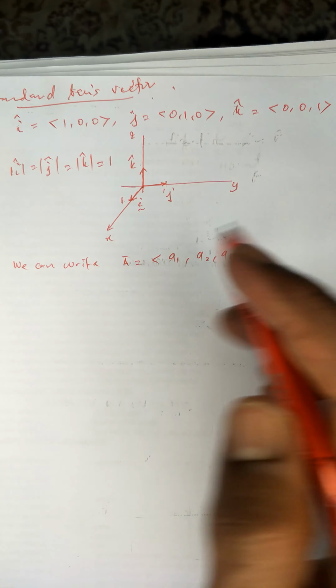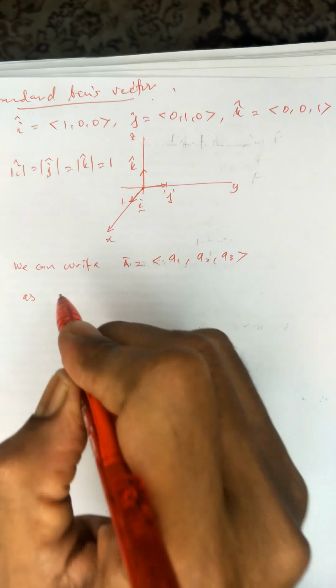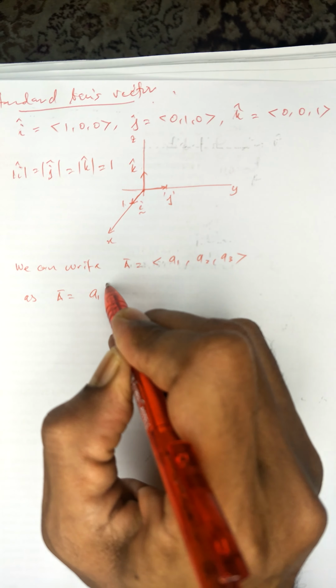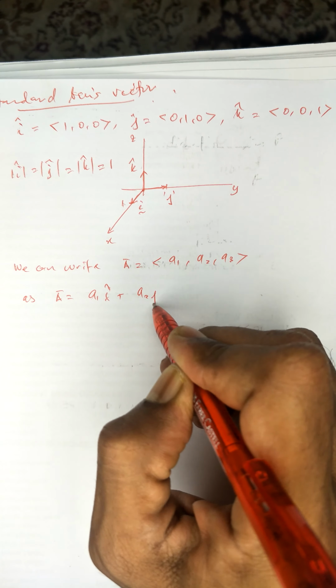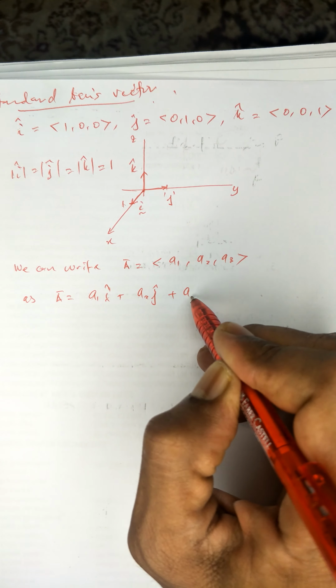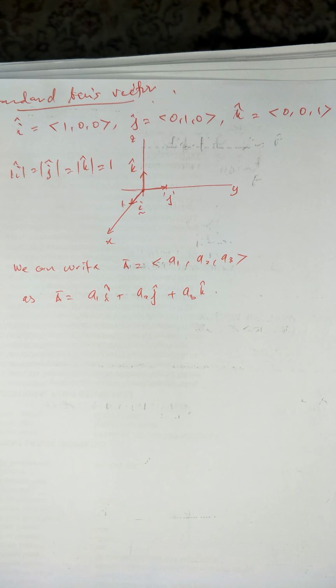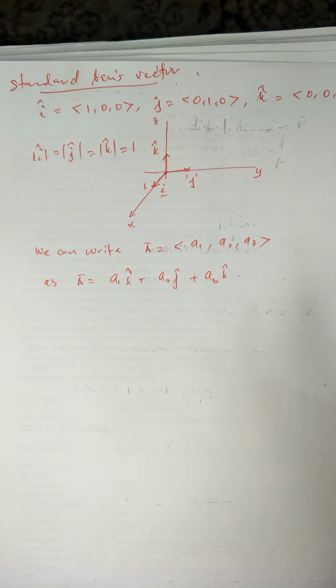We can write A as A1 i plus A2 j plus A3 k. They have the same meaning.